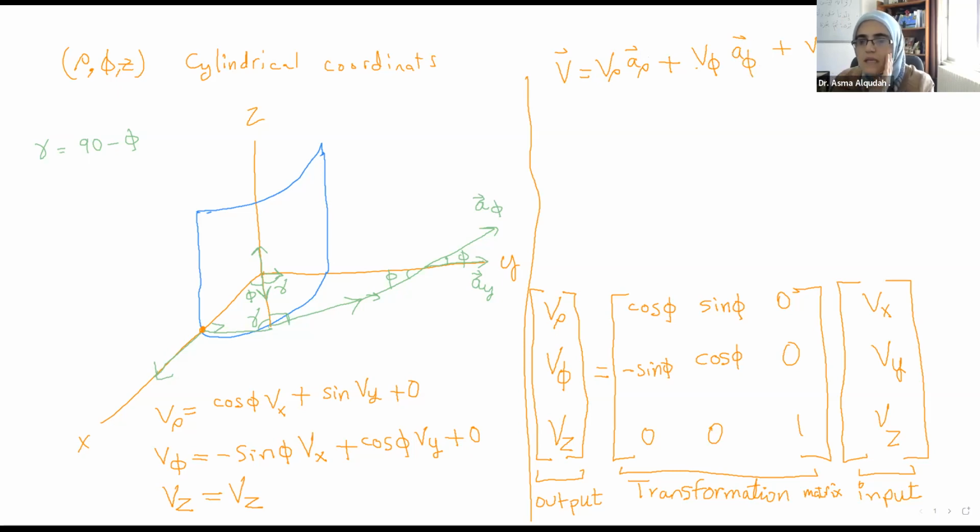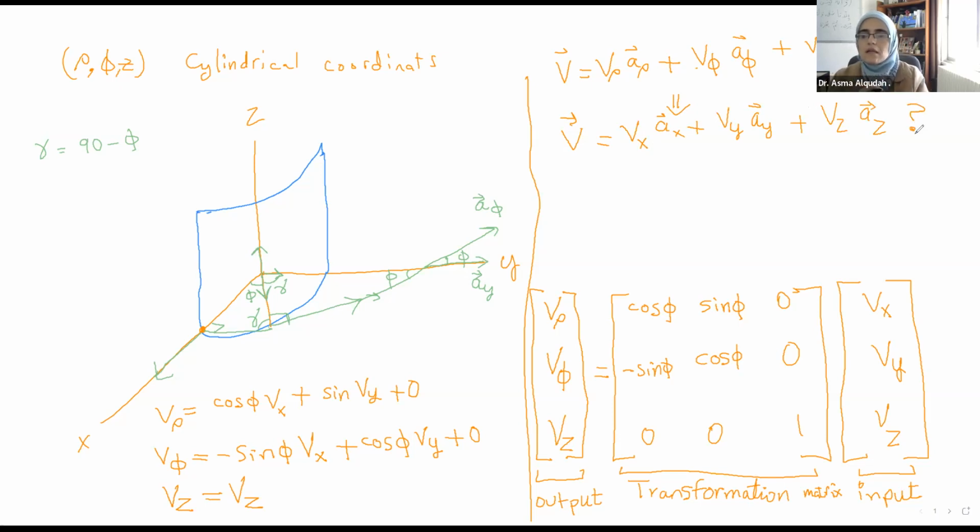Okay, so this is the vector we know. It's in the cylindrical coordinates. Now we need to transform it into the Cartesian coordinates. So we want to find it in terms of v sub x a sub x plus v sub y a sub y plus v sub z a sub z. Okay, so this is the unknown.